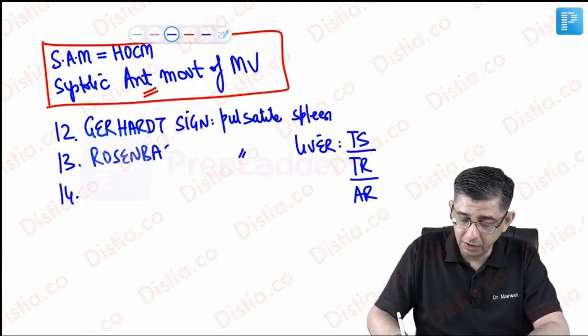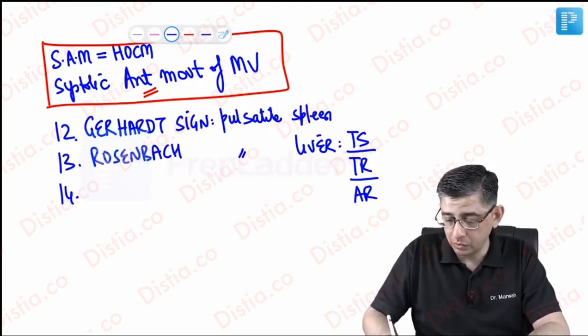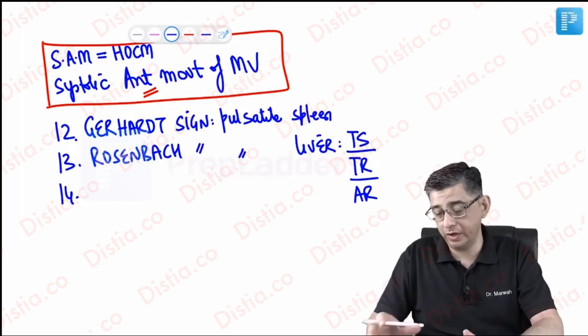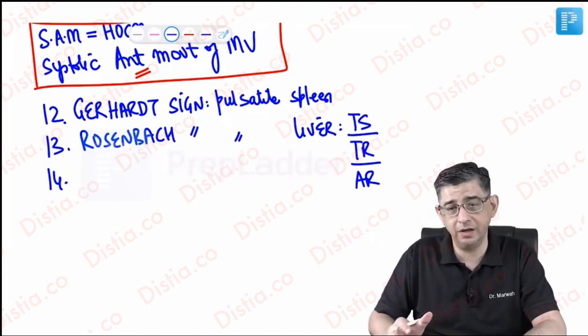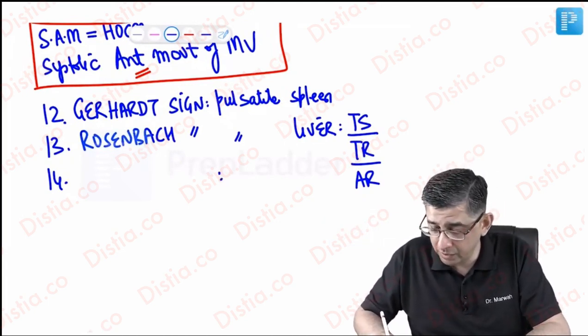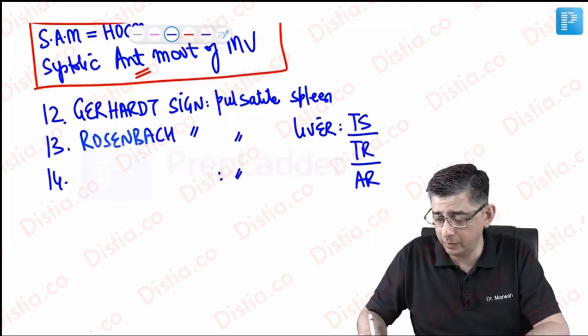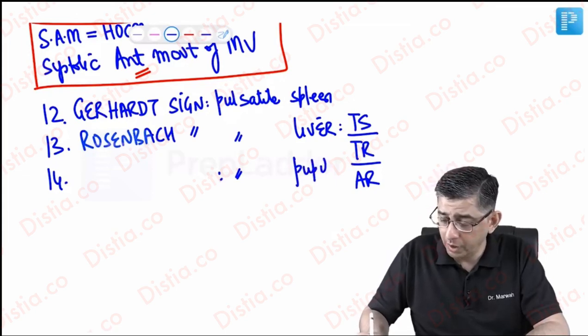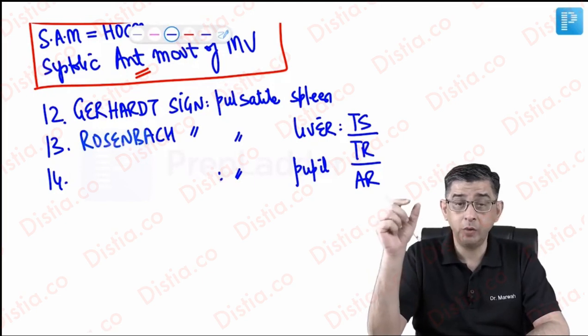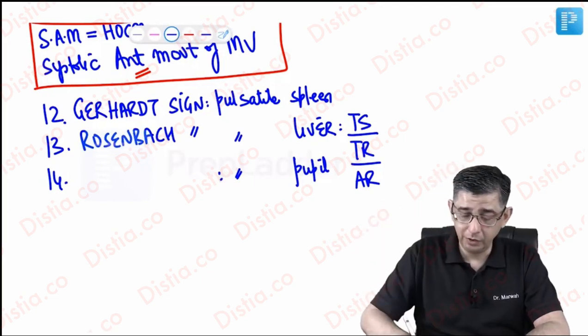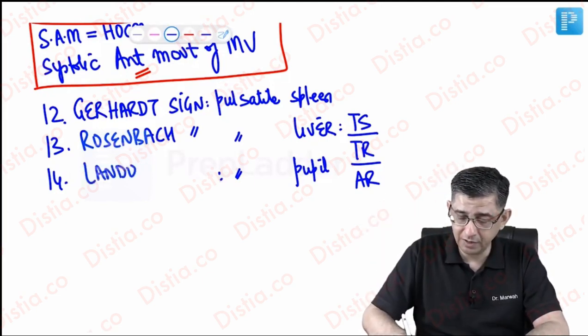Rosenbach sign is seen in Graves' disease also. I will explain when you read the word Rosenbach in Graves, but at the moment for aortic regurgitation, it's a pulsatile liver. And then I had mentioned, if you were listening carefully, the word pulsations in the pupil. I'm not talking about hippus that you see with aconite poisoning. I'm talking about pulsations in the pupil, and this is what is called Landolfi sign.